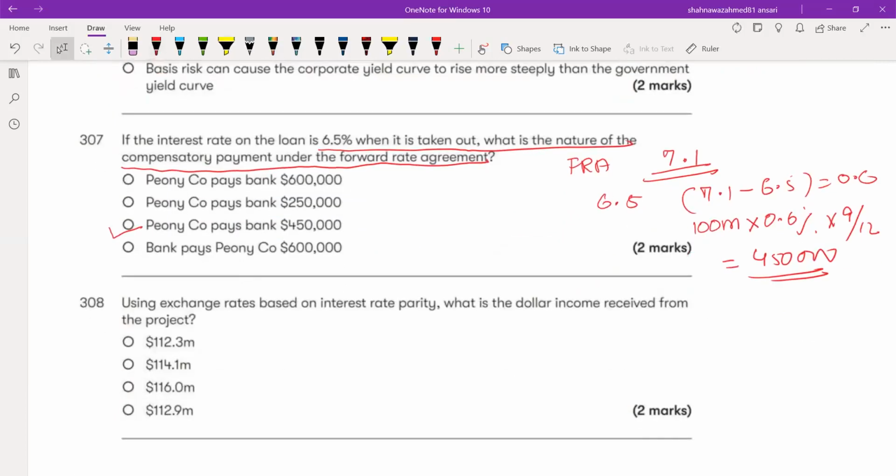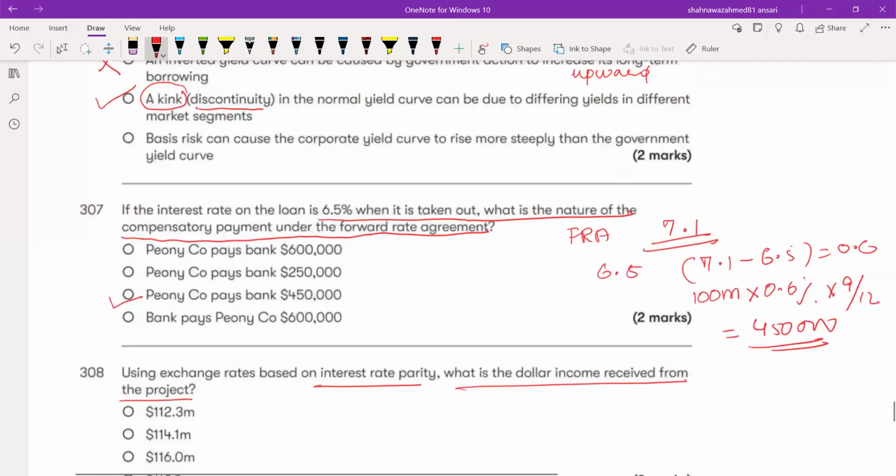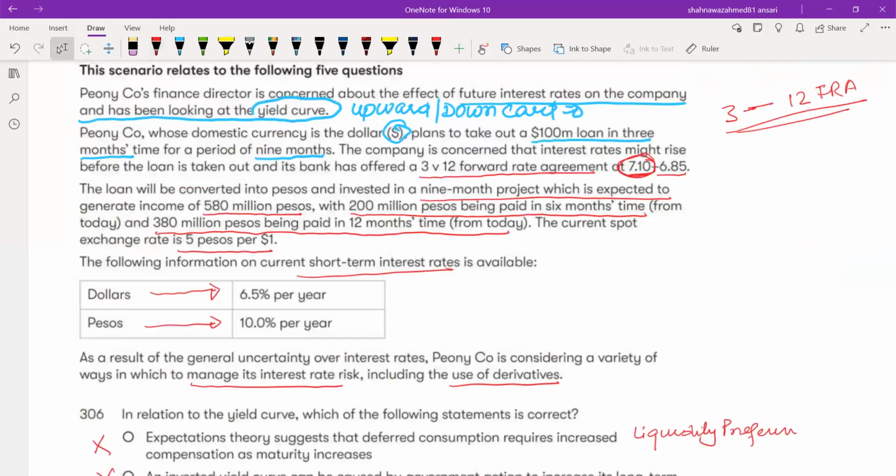Using exchange rate based on interest rate parity, what is the dollar income received from the project? Now, as a result of the interest rate parity, we have to find out the forward rate. We are expecting a receipt of 580 million peso, 200 million and 380 million, in 6 months' time and in 12 months' time.